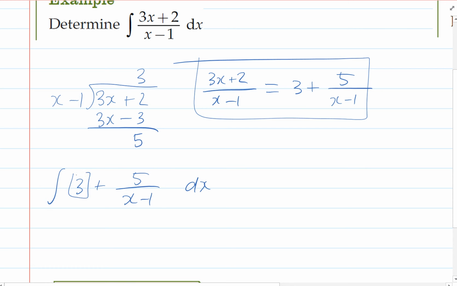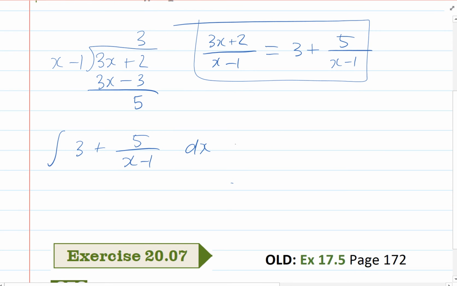And we can integrate 3, that's easy, and we can integrate this function as well. And so our integral for this is simply going to be 3x plus 5 natural log of x minus 1 plus c. And that's all there is to it.